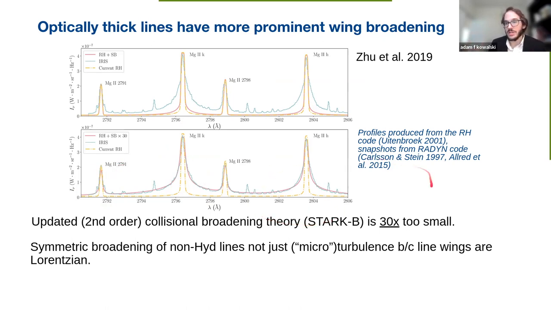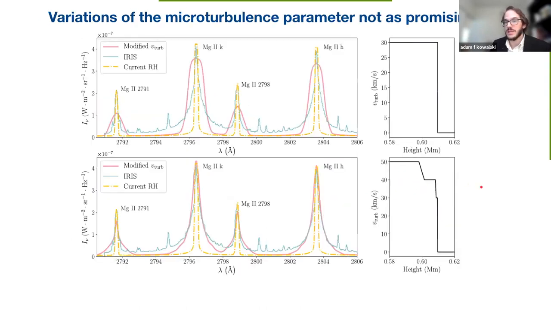So we can look at alternative hypotheses to the broadening. We can play with the microturbulence parameter, which is just an ad hoc increase in the Doppler broadening component to the line, perhaps representative of gas turbulence of some sort that's not in the models, not in the 1D models.